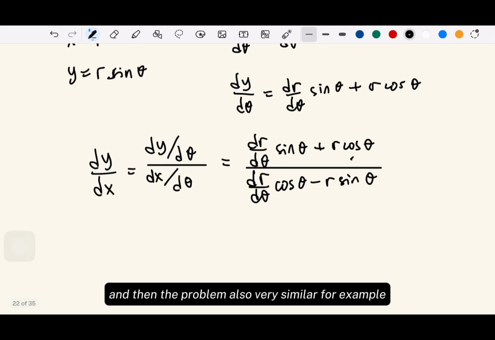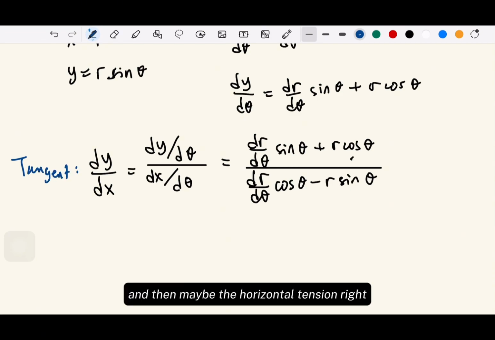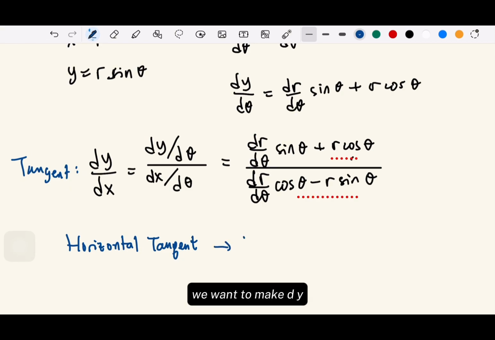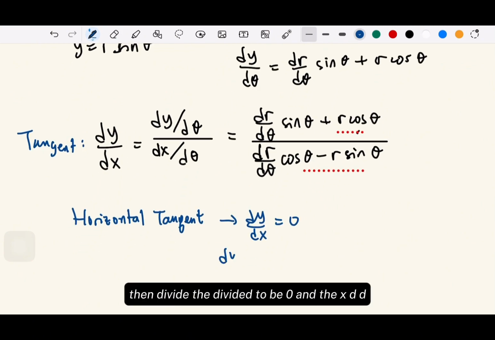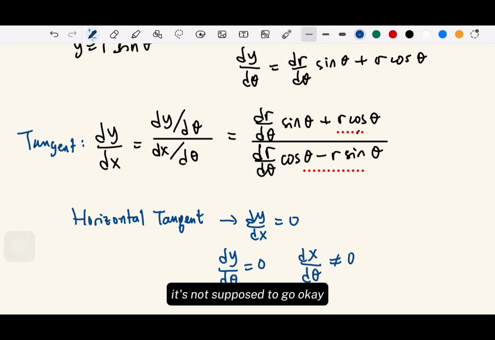And then the problem is also very similar. For example, finding the tangent, and then maybe the horizontal tangent, right? So for horizontal tangent, we want to make dy dx equal 0, then dy d theta needs to be 0, and dx d theta is not equal 0.